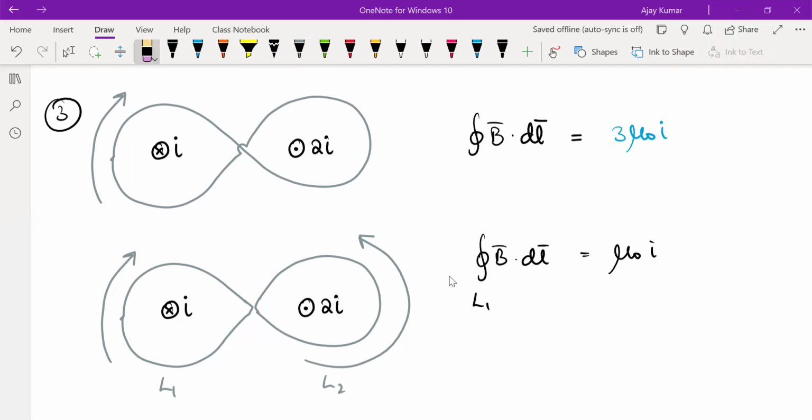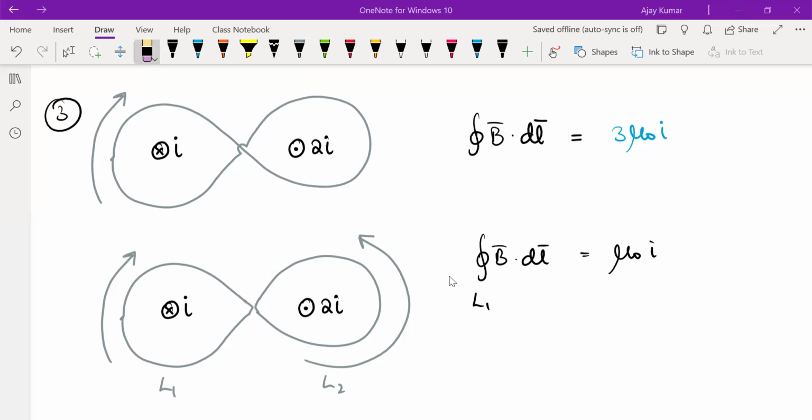Correct. Next. Sir, and in L2, the current will be towards us, right? Like outwards. Yeah, in L2, the 2I current is outwards. And our fingers are also curling in the direction of the path, so it will be mu naught into 2I.